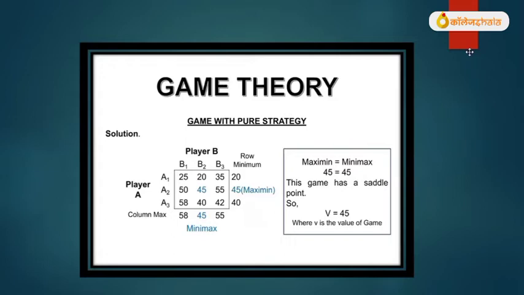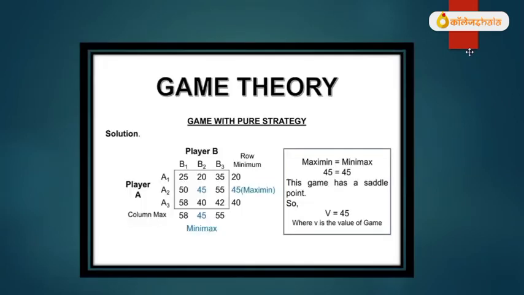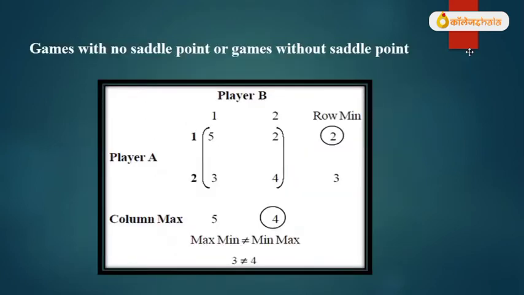So the value of the game is 45. So it can be said this is a strictly determined game. I think it is clear how to calculate the maximin and minimax values from the row minimums and column maximums of the two players. Okay, I'm moving forward. The next one, see. Now we have two types of games with saddle points.